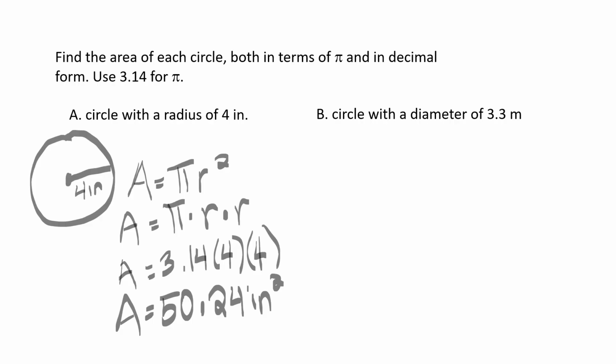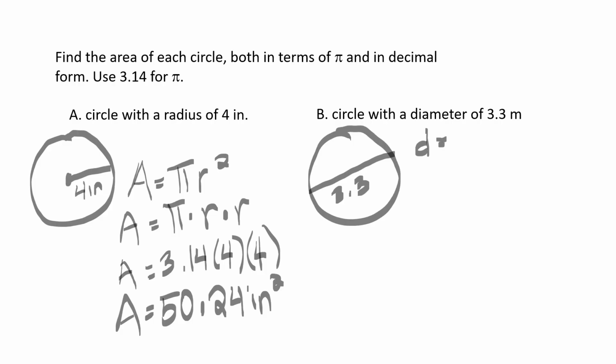All right, this time our circle gives us the diameter. Diameter, remember, is all the way across, and we cannot use diameter when we're finding area. We actually need to find the radius. So radius is just the diameter divided by 2, because it's halfway across instead of all the way across.